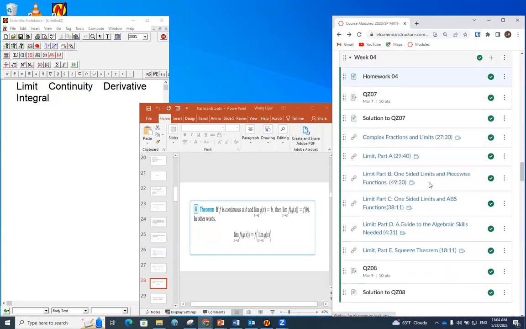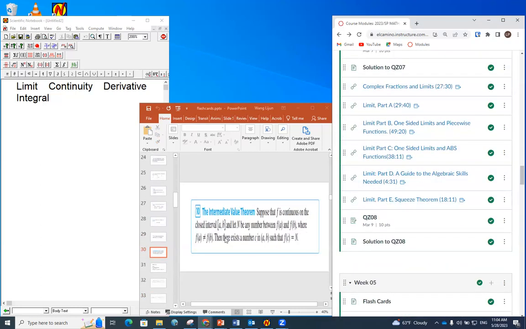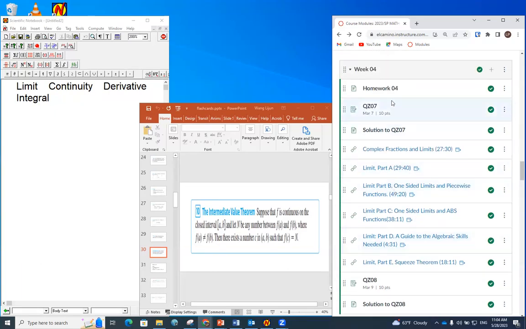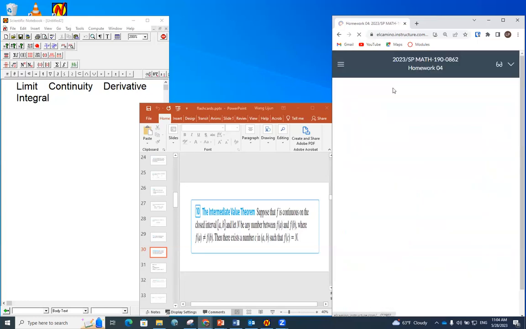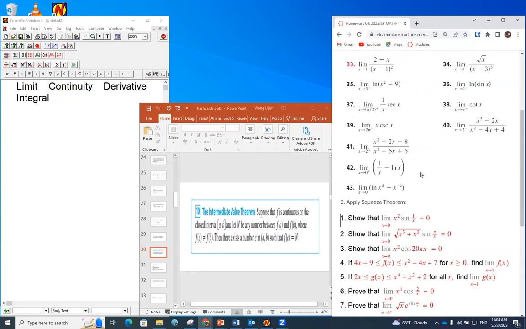okay? And it's pretty much going by the order of the flashcards and the order of the homework. And once again, all the questions on the final exam will be from your homework.